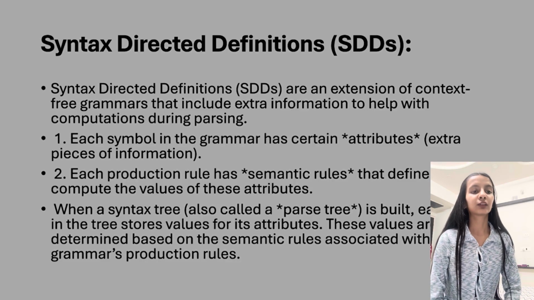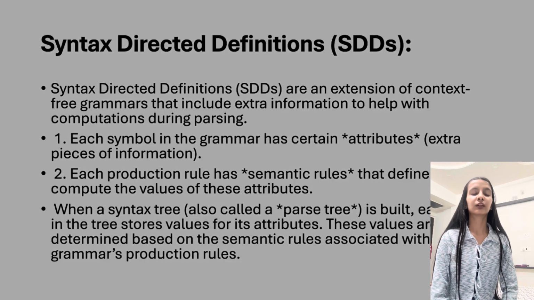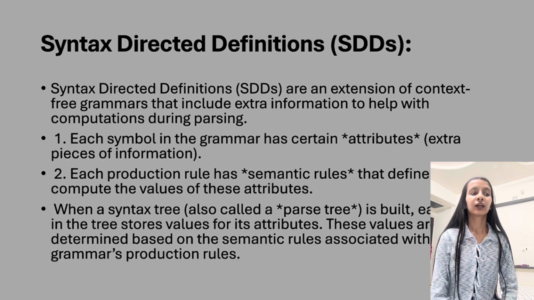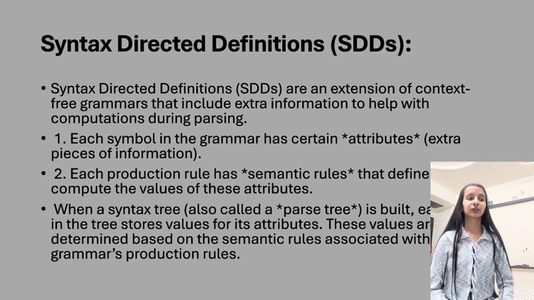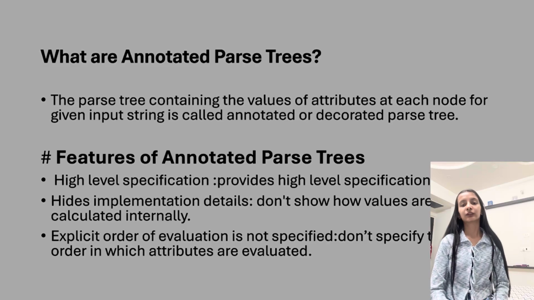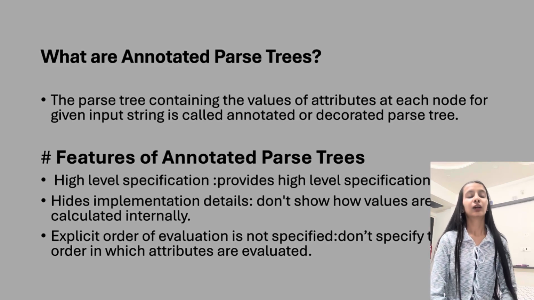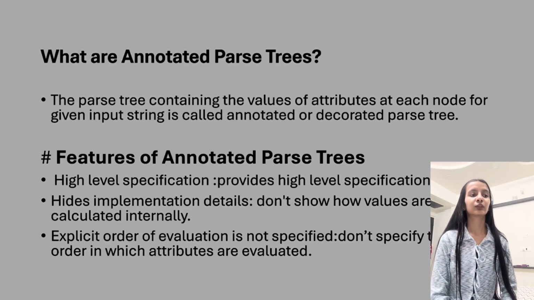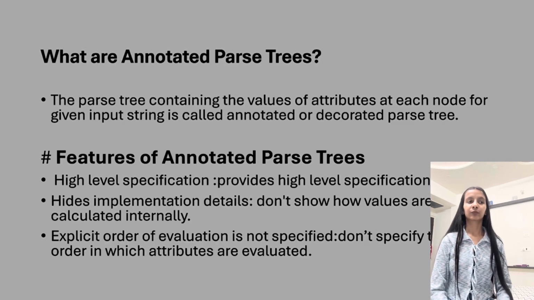When a syntax tree is built, each node in the tree stores its attributes. These values are determined based on the semantic rules associated with the grammar production rules. Now let us understand what is an annotated parse tree. The parse tree containing the values of attributes at each node of a given input string is called an annotated or decorated parse tree.